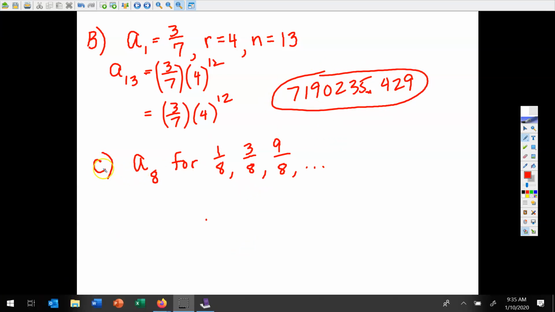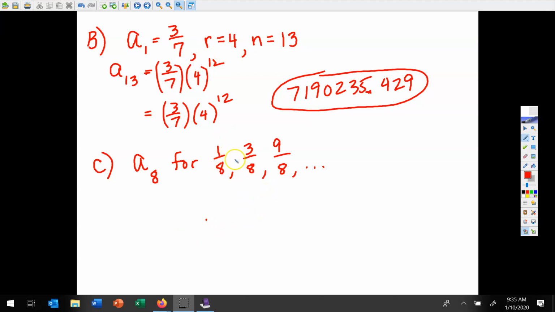Okay, moving on to letter C. It's given a little differently. We're supposed to find the 8th term, and they give us the first term, but they don't just come right out and tell us what the common ratio is. Remember, you can always find it.